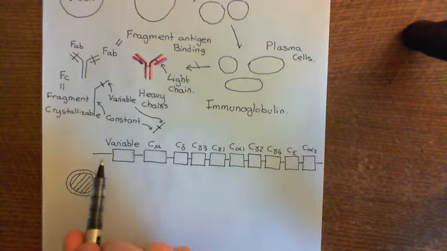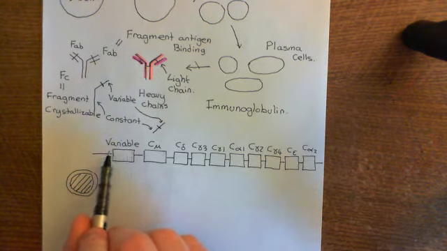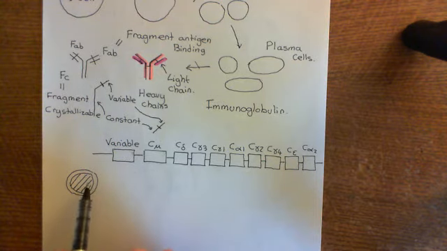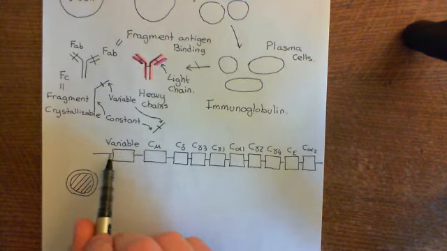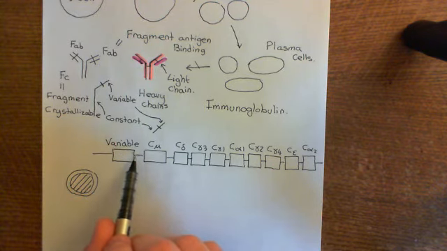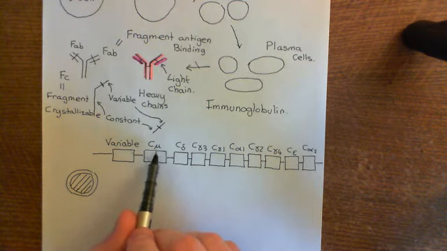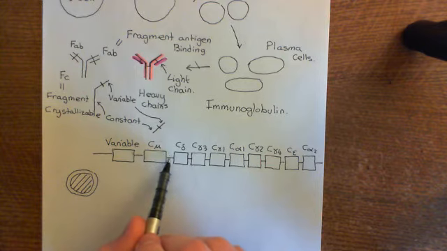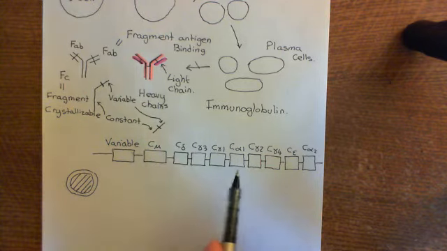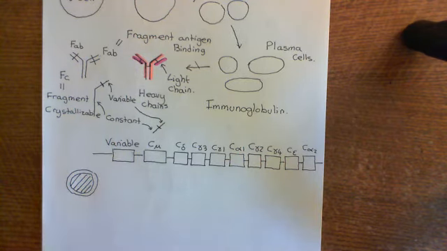So what happens? Well, it's going to have a certain variable region that is specific to this specific naive B cell. And then it will continue on transcribing this gene. It will go over this exon and then into this constant region here, this constant mu region. And then usually what happens is it stops transcribing after that, and then the mRNA will go off to the ribosome.